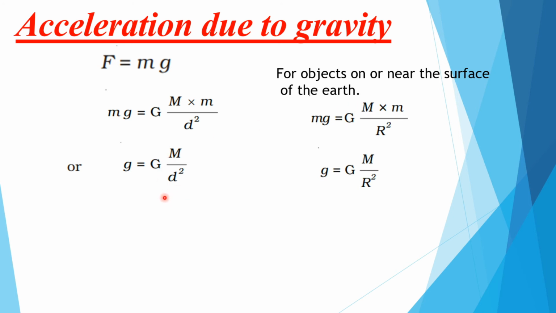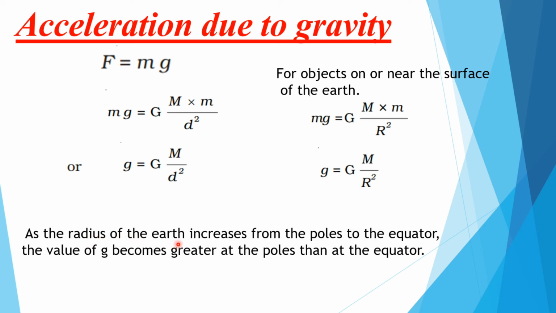Now, for objects on or near the surface of the earth, the value of d will be equal to the radius of the earth. So, we can write mg is equal to G M m upon R square, and cancelling out this m, we will get g is equal to capital G, the universal gravitational constant, into the mass of the earth upon the radius of the earth square.